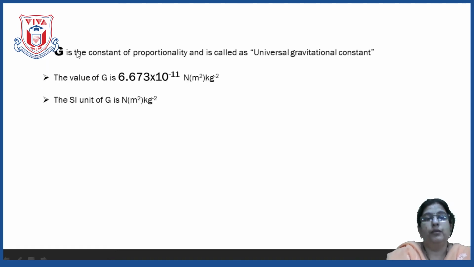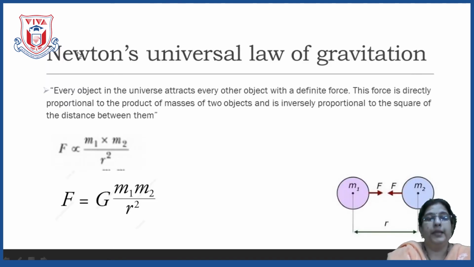The work was done by Newton, the great scientist Sir Isaac Newton, who put forth the concept of gravitational force by Earth. We are going to learn that further, but first let's see which law he made. The law made by Newton is called Newton's universal law of gravitation. Now what is this universal law of gravitation?